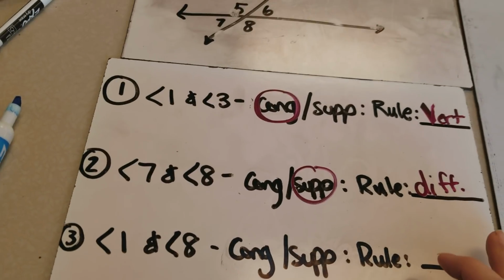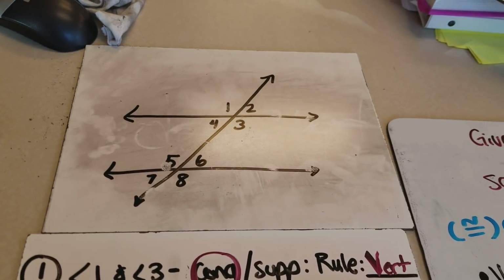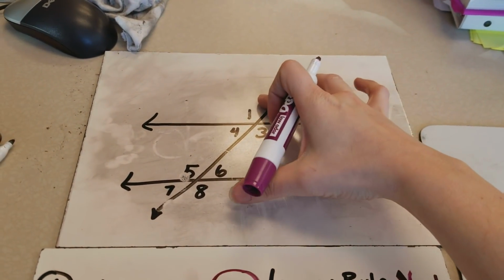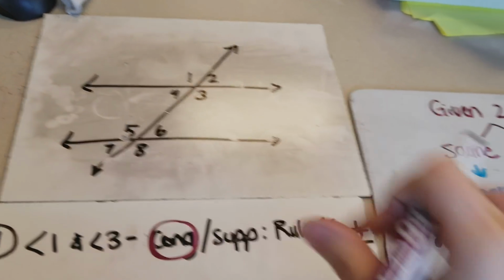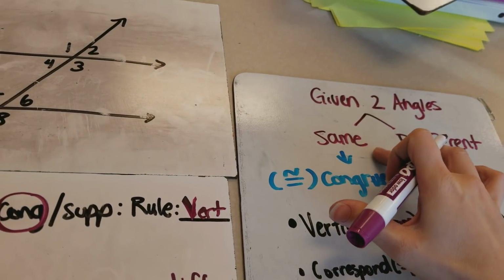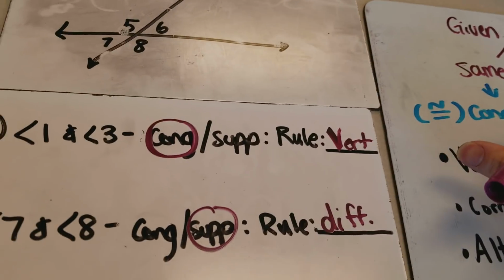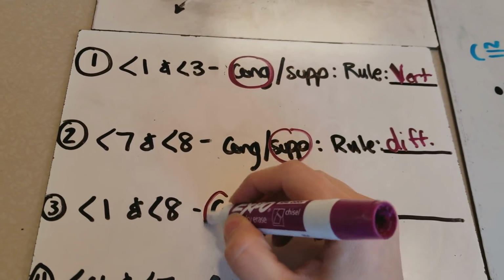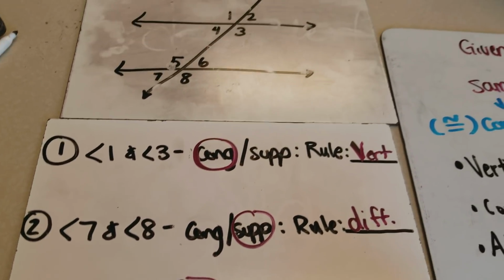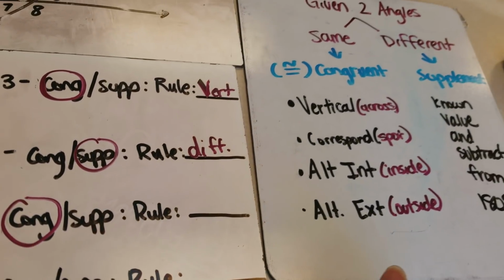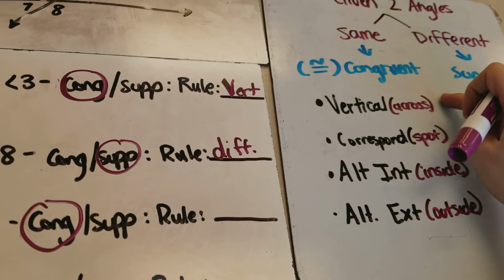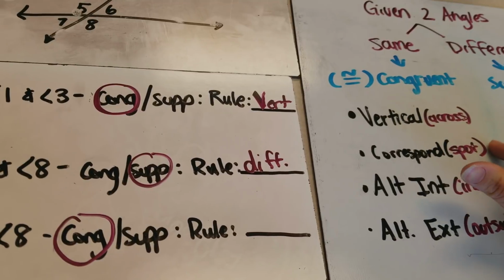Okay, so 1 and 8. 1 is obtuse, 8 is obtuse. So that must mean that they are the same, which means they're congruent. If they're congruent, now we have to ask myself, why? Are they across from each other? Are they corresponding?